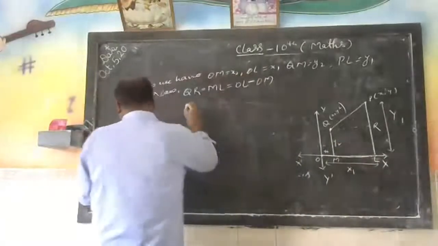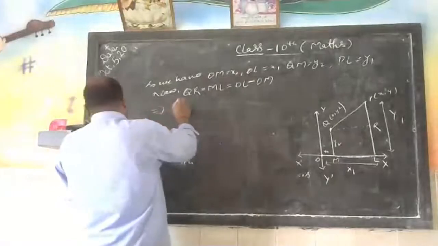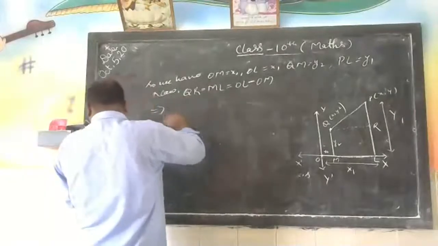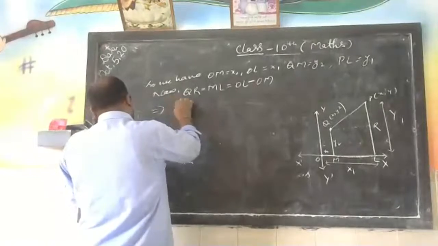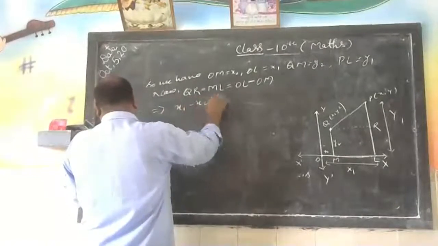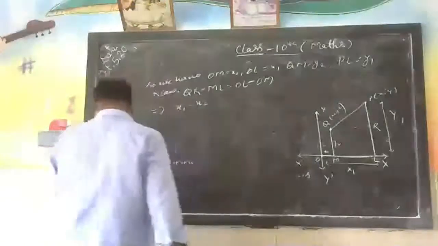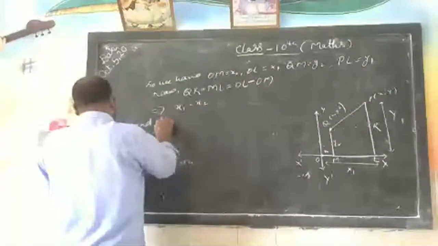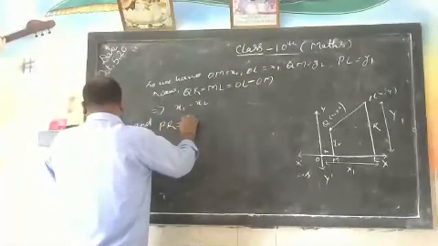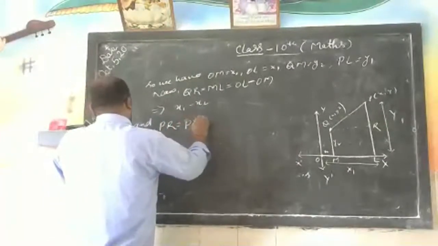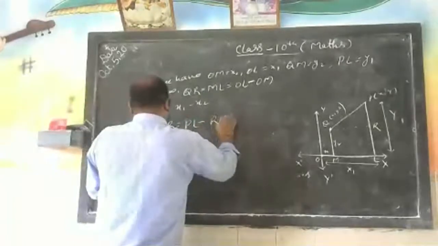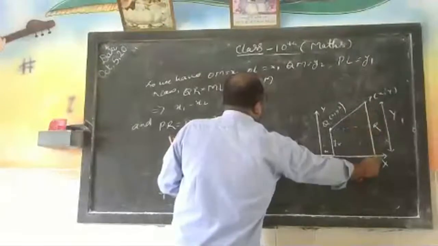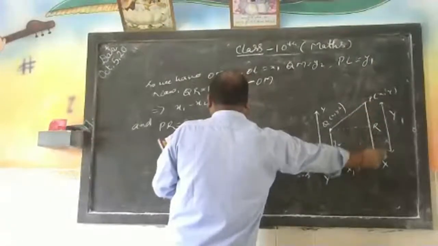So this implies that QR is x1 minus x2. And same situation with PR, which is PL minus RL.